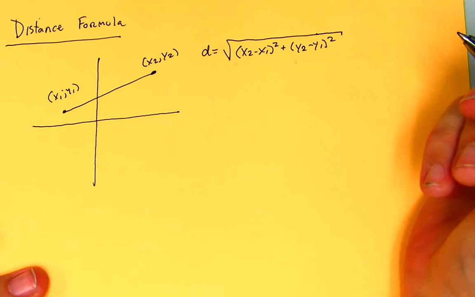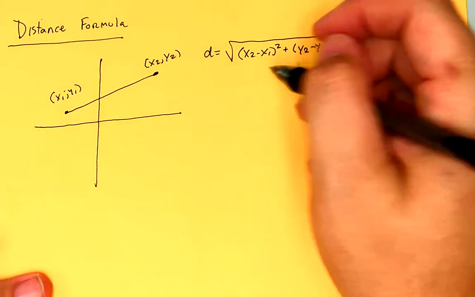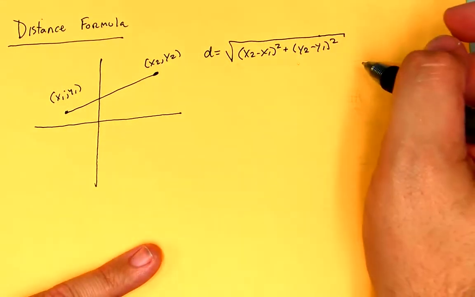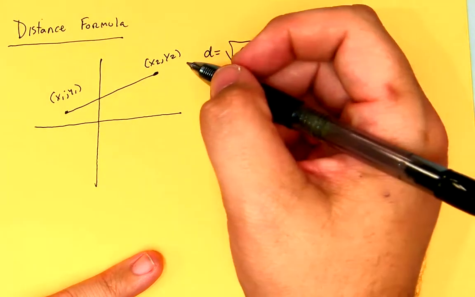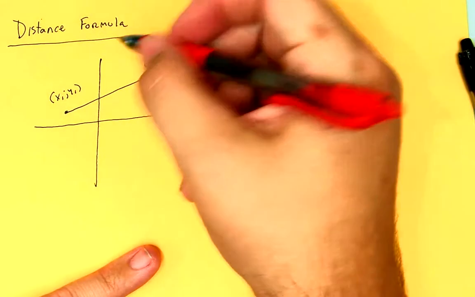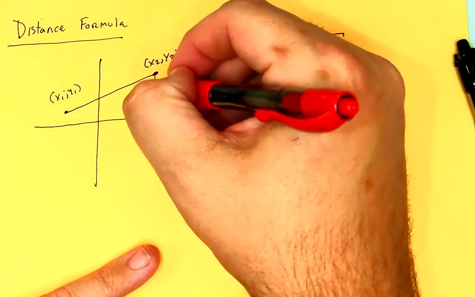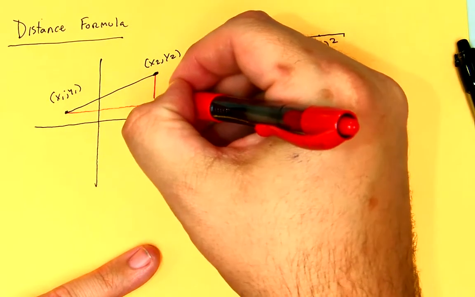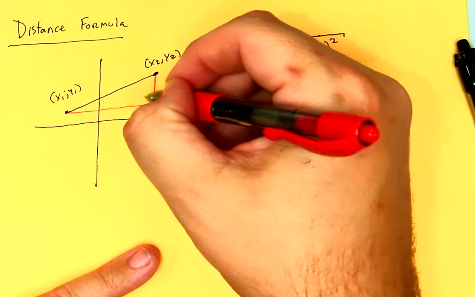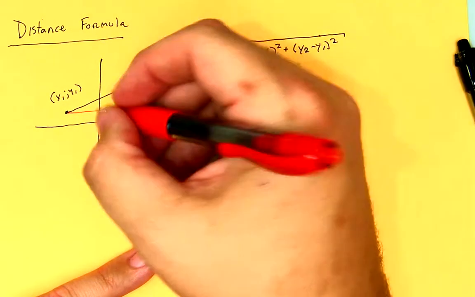Now, that is big and messy, and there's a lot of chance for error in there. Other ways that you can do this is you can draw in the right triangle from one point to the next, just like you were doing slope.